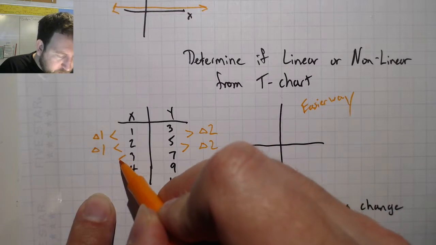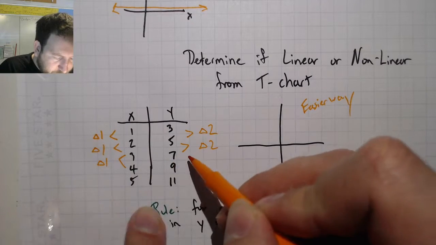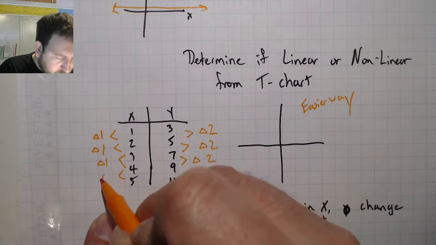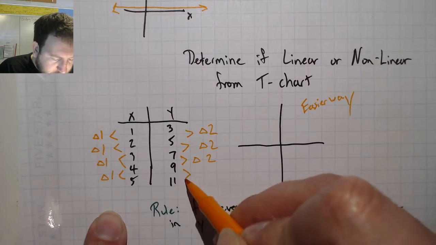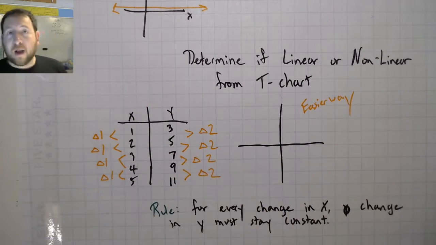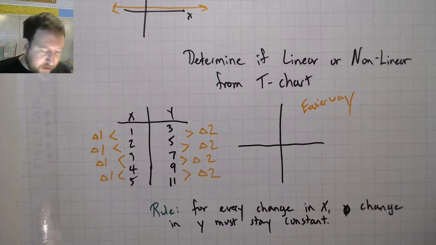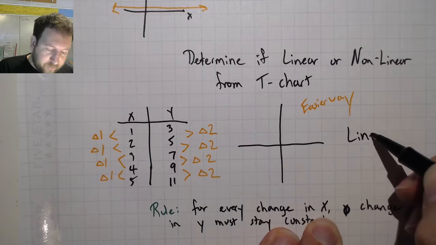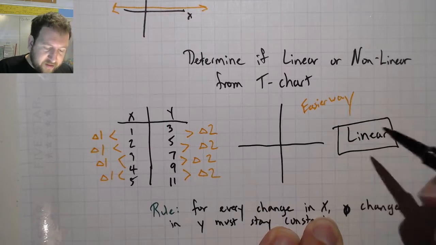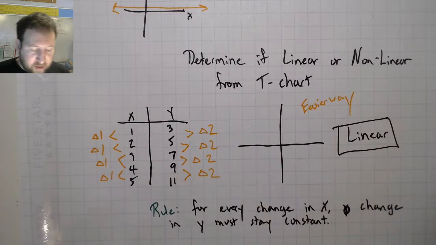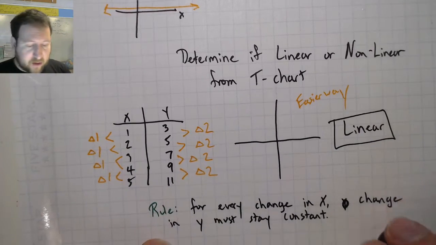Okay, looking good. Change of 1, change of 2, change of 1, and change of 2. Okay, that means that this does follow my linear rule, and this section is linear from this t-graph. And I didn't even have to graph it. I could look at the rule from here. Okay, let's look at another one.